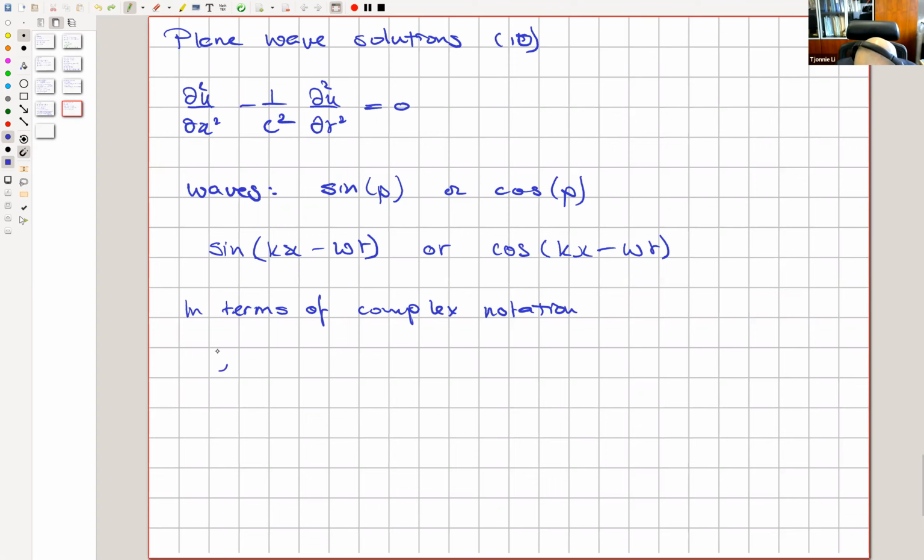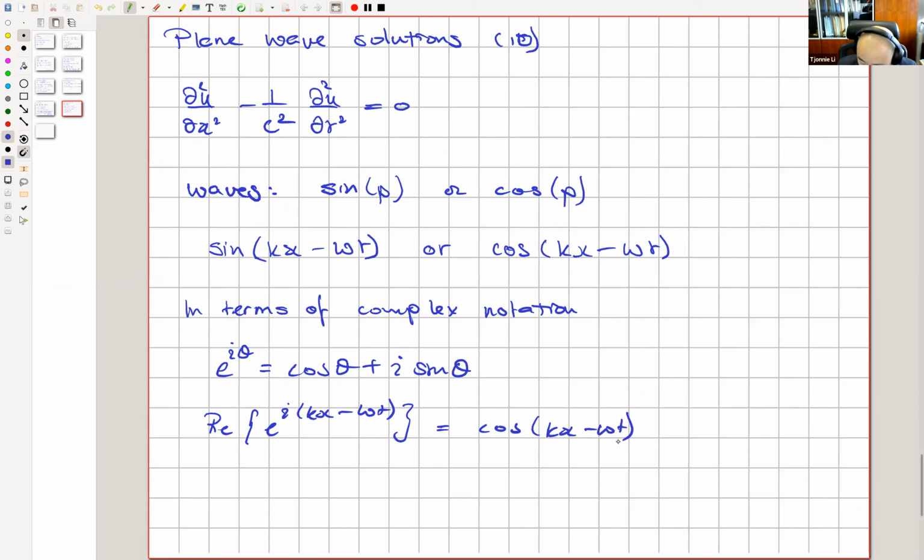I could use the identity that e to the i theta is cosine theta plus i sine theta, in such a way that I know that the real part of e to the i (kx minus omega t) is cosine of (kx minus omega t), and similarly the imaginary part is sine of (kx minus omega t).